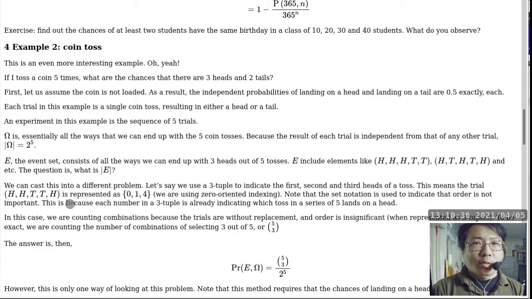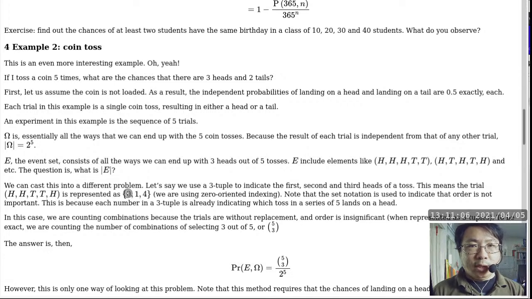Well, the explanation here first clarifies that we are using zero-oriented indexing. So what this set is doing is indexing the items in a particular tuple, and we're only indexing the ones that we are quote-unquote interested in, which in this case would be the heads. So we're not counting the tails. We just want to know what are the indexes to the heads inside this particular 5 tuple.